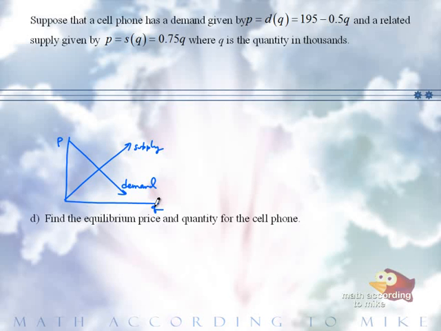The point at which supply and demand meet is called the equilibrium point, the point where supply and demand are the same.